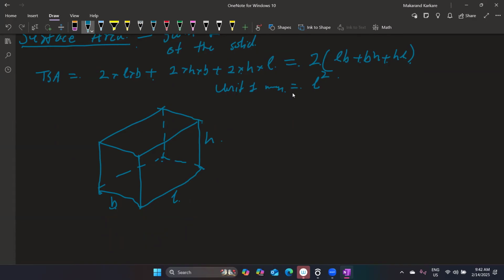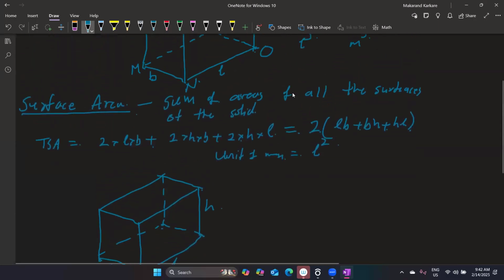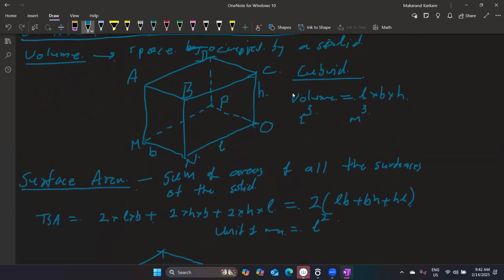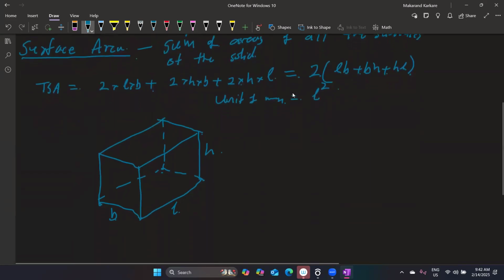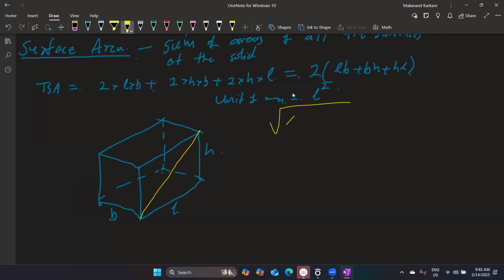So if I wanted to ask you the length of any of these surface diagonals, then drawing the length of the surface diagonal is going to be quite easy. For example, if I take this surface diagonal, what will be the length of this diagonal? It's going to be square root of L square plus H square. Does that make sense?